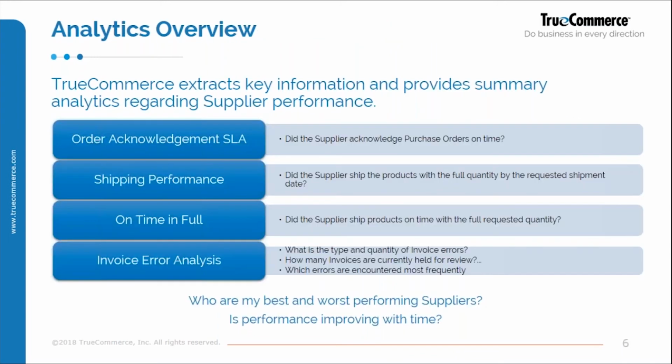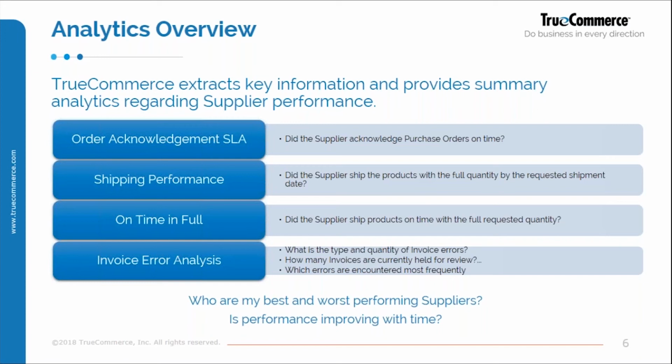The analytics solution extracts key information and provides summary data regarding supplier performance. Areas for review include, for order acknowledgement, did the supplier acknowledge purchase orders in time? If we look at shipping performance, did the supplier ship the products with the correct quantity and on the required date?